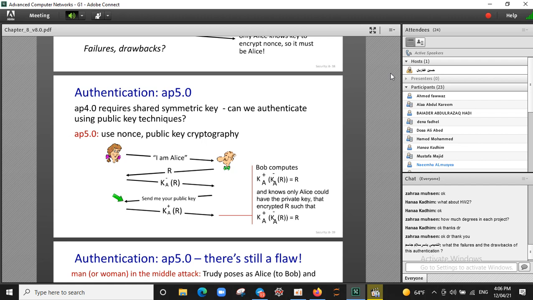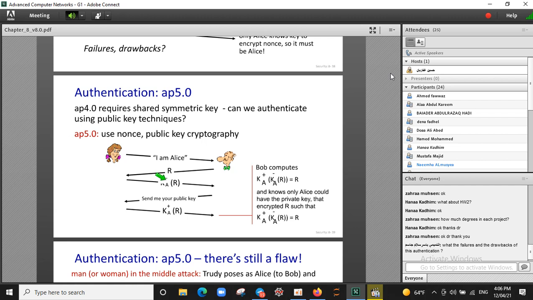Let me check this new strategy. I am Alice. Bob would send the message R for Alice. Alice will return the message encrypted by her private key.